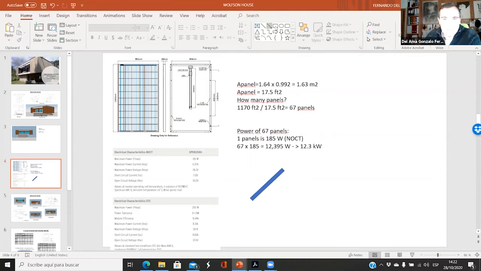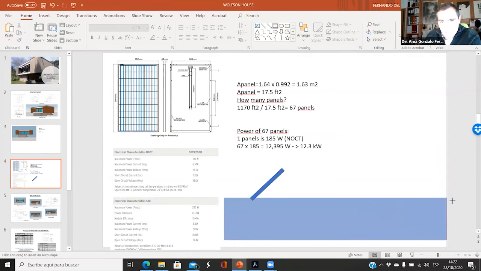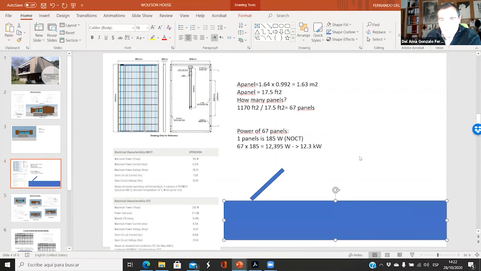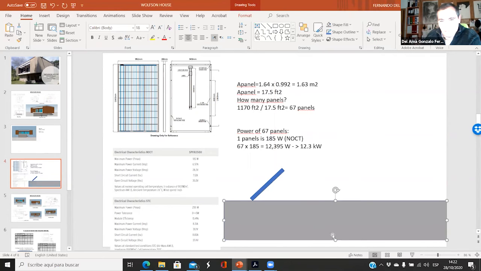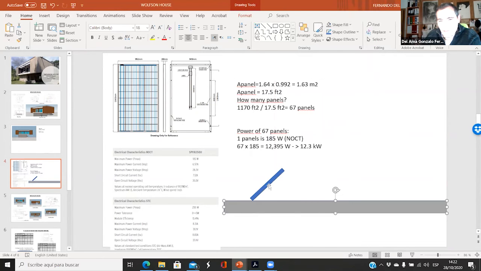Okay, so if this is the flat roof, then the angle here can be 40, I think would be a good angle.